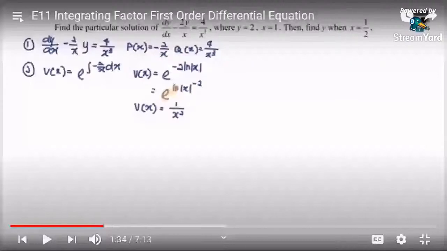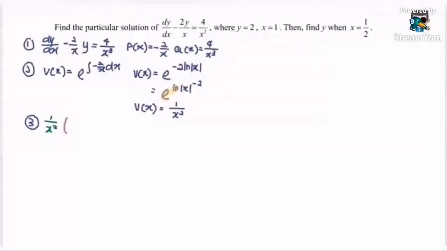Step number 3, multiply both sides with 1 over x squared. So we will have 1 over x squared multiply with dy/dx minus 2y over x equals to 1 over x squared multiply with 4 over x cubed.